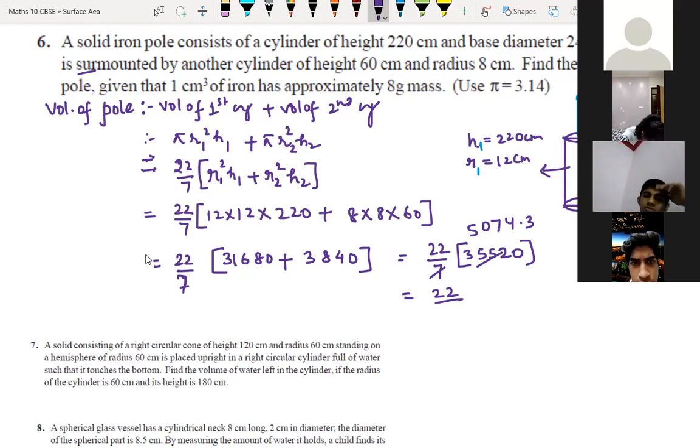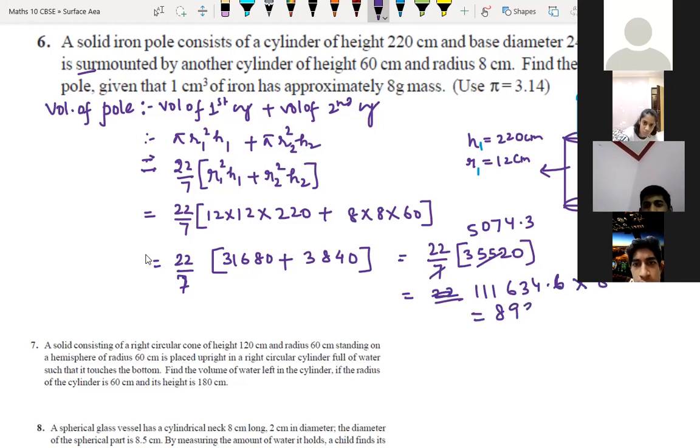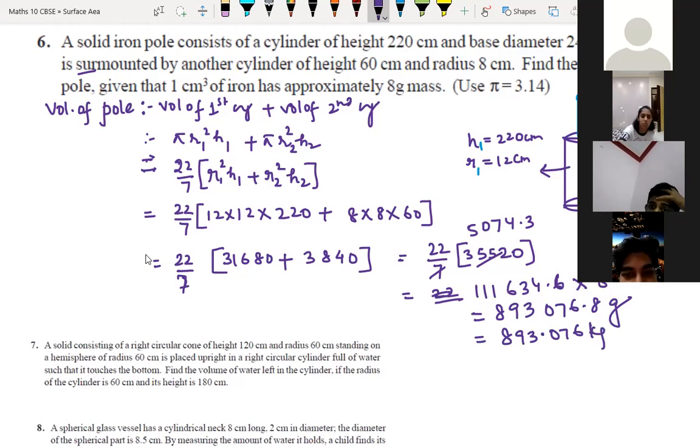You'll get 111,634.6. This is the volume of the pole, and if you multiply by 8 grams per centimeter cube, you'll get 893,076.8 grams. If you convert into kg, you will get 893.076 kg.